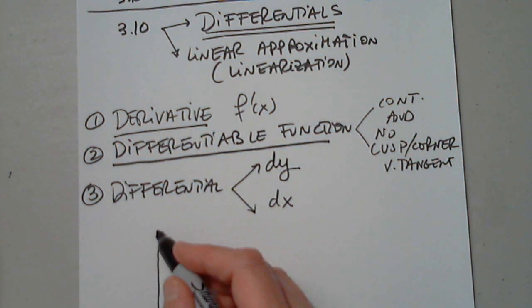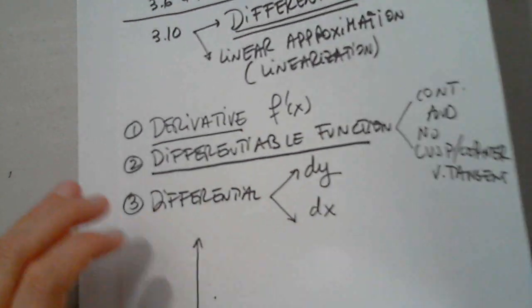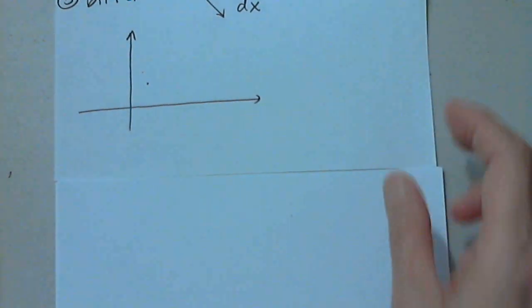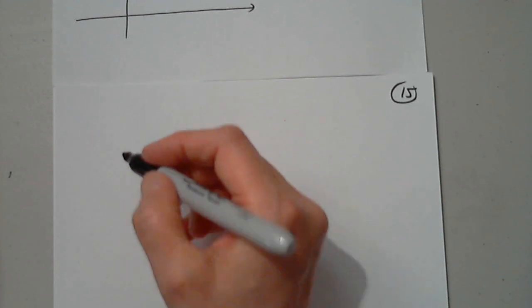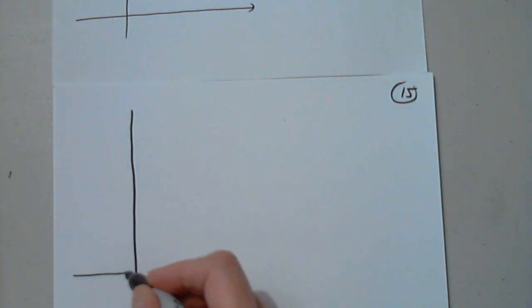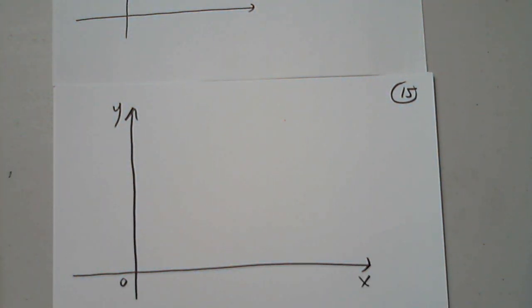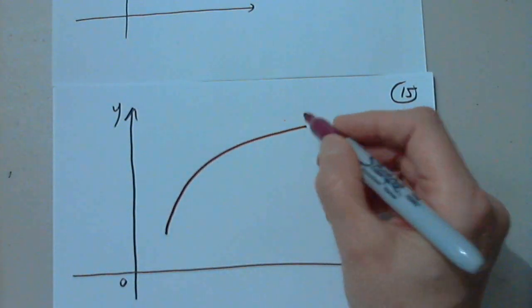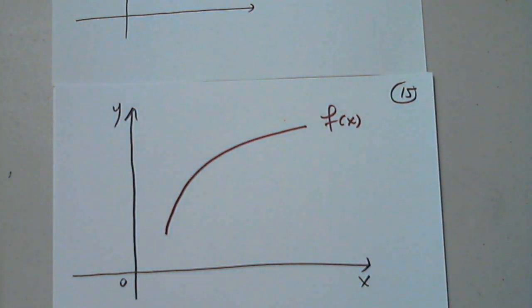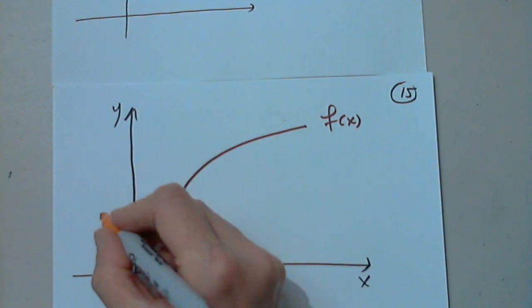We graphed this function many, many times. I think I'm going to move to the next page because I want to make it bigger. Sorry about that. And I also want to use a different color. So this is our best friend f of x. Of course, this is our x, and this is our f of x.